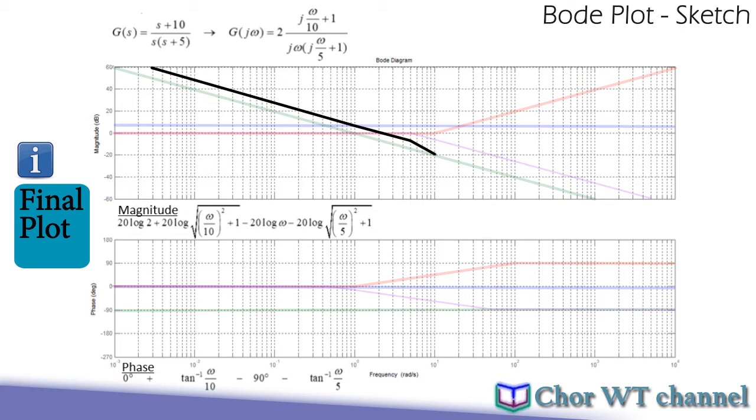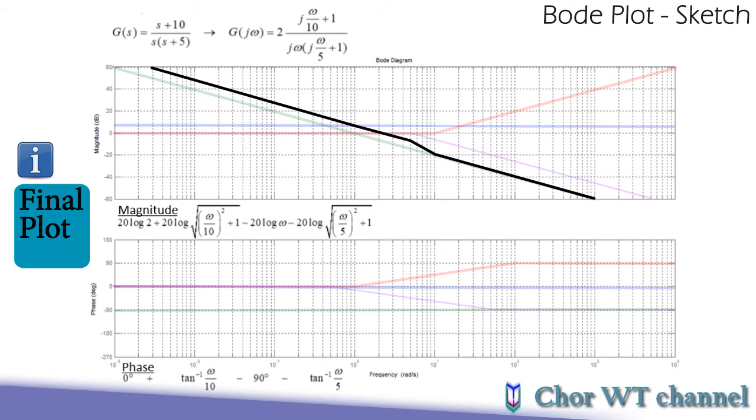But the slope will be slightly less when it reaches the next corner frequency, which is equal to 10. The slope will be reduced to negative 20 dB per decade, and it will carry on for all the frequencies until infinity.